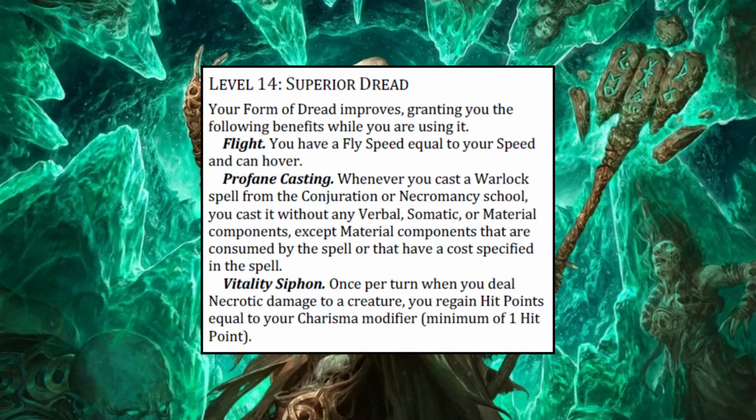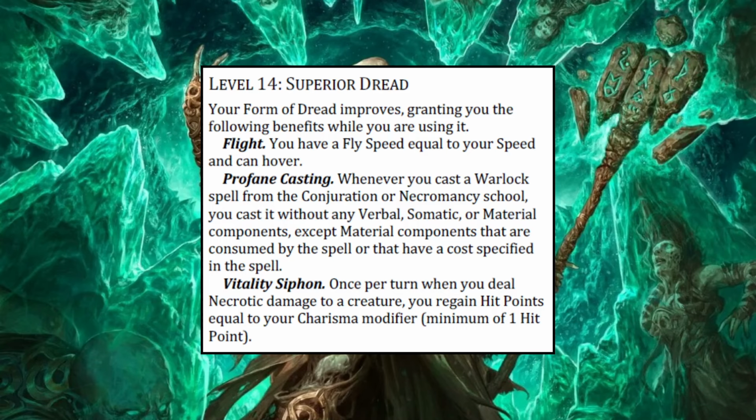You're not going to have your form of dread active in roleplay scenarios, probably, but this would have had the potential of you being able to cast a spell without it being perceptible. But overall, profane casting is just very good because it gives you the ability to cast a spell that can't be counterspelled. So I think that is really nice.